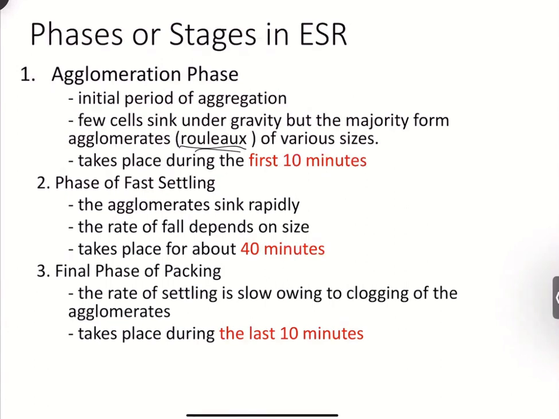Why does it slow down? Because more agglomerates or rouleau formations are forming, so there is interference in the tube. This takes place during the last 10 minutes of your ESR. So your ESR is assessed for 1 hour, because 10, 40, and 10 is equivalent to 60 minutes.